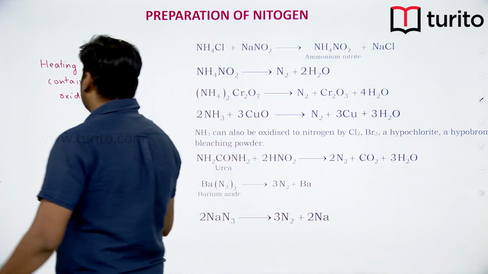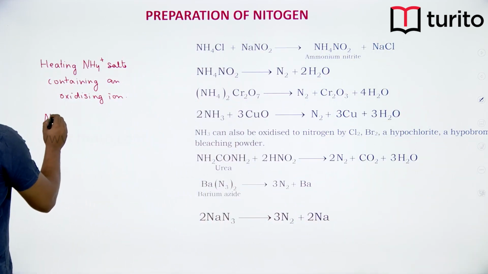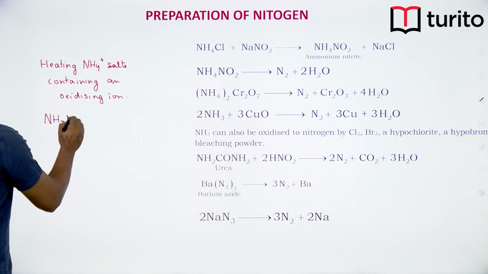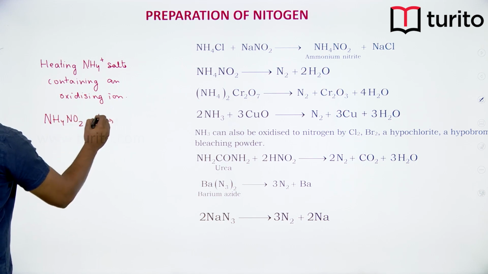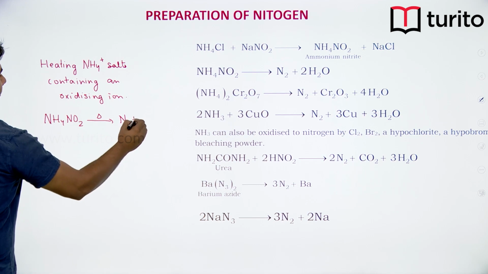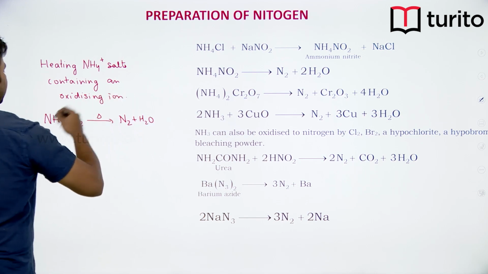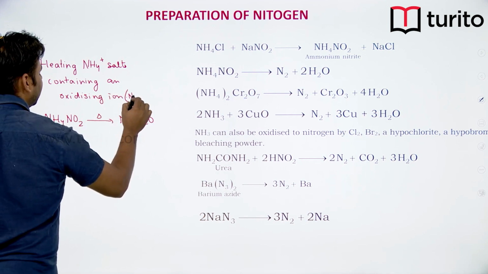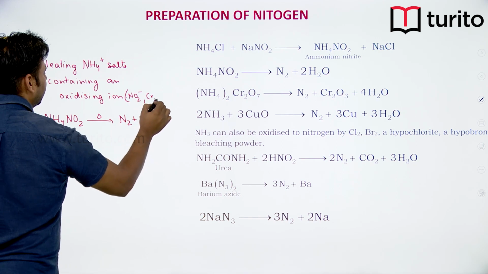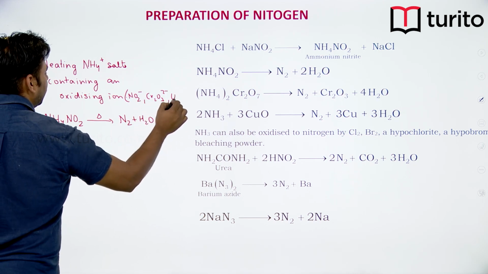The common example is heating of NH4NO2. If you heat NH4NO2, you get N2 plus H2O. The oxidizing anion over here is nitrite, it can be dichromate, it can be chlorate as well.